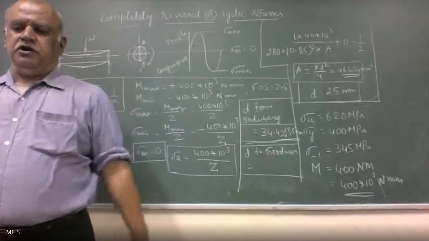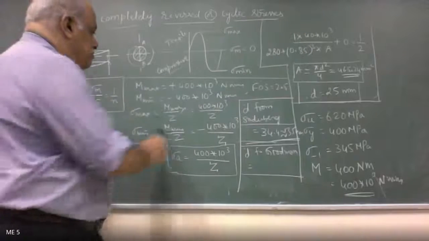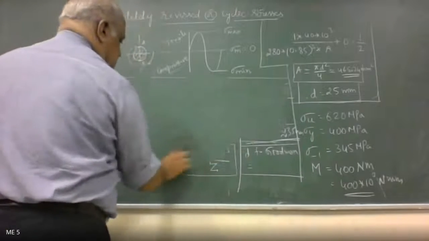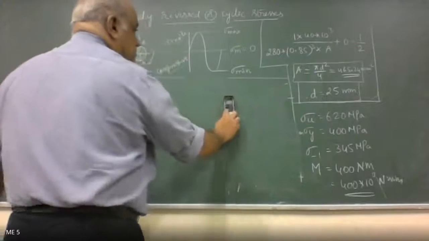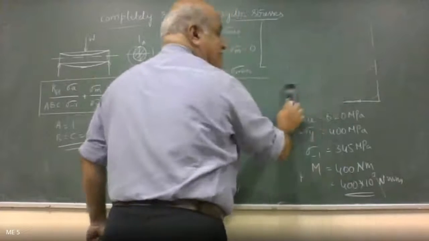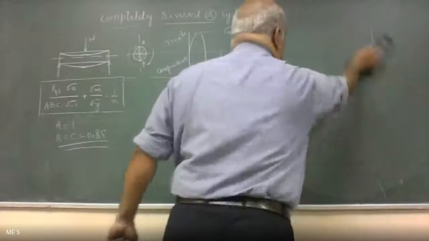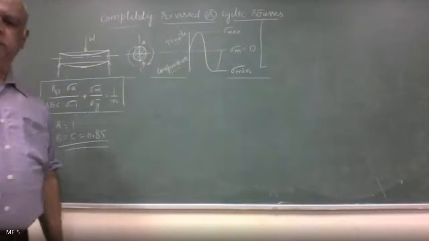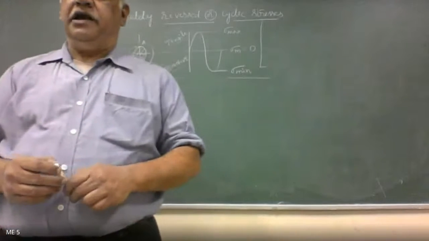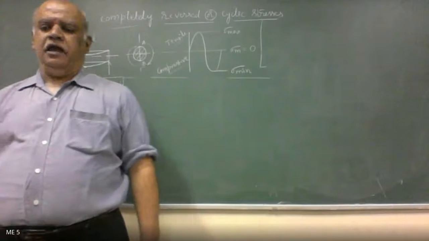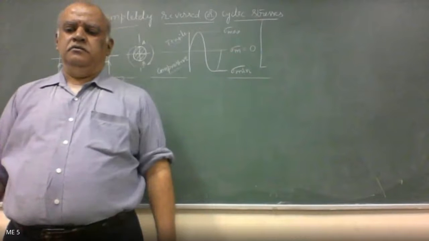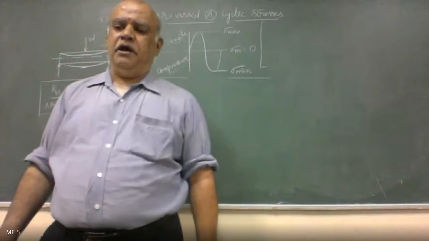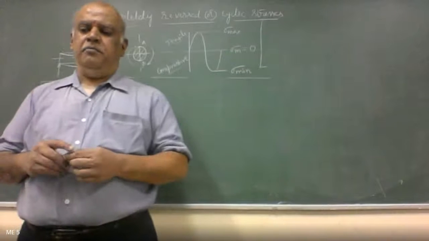The maximum pressure in the cylinder of a double acting type is 0.9 megapascal.